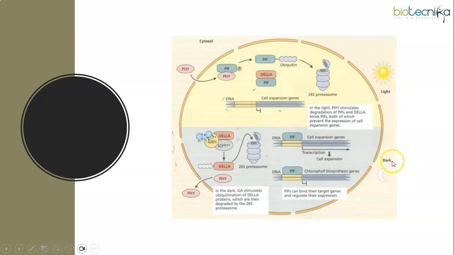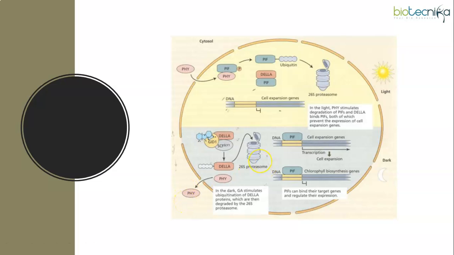In the dark phase, what happens? We have gibberellin bound to the corresponding receptor. DELLA will be recruited and it will be targeted for proteasomal degradation. At that stage, your phytochromes will move out of the nucleus.